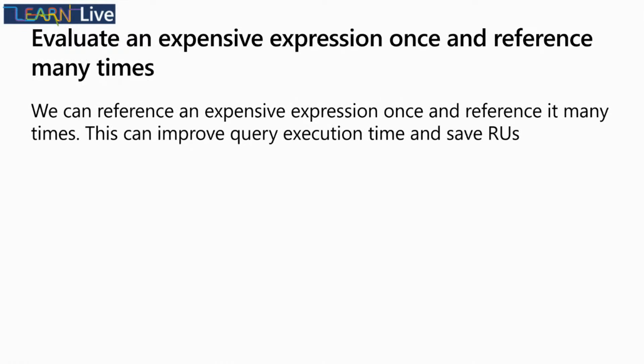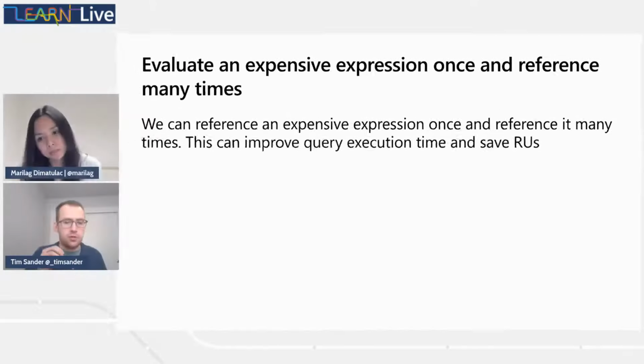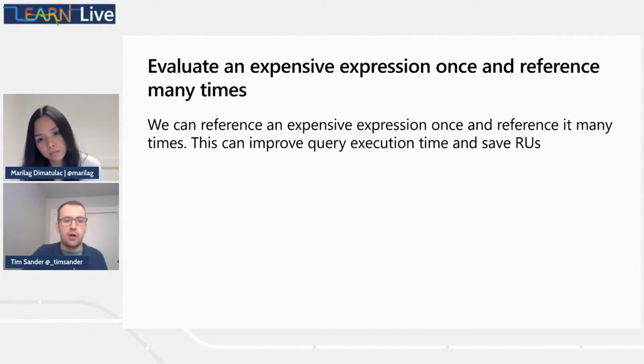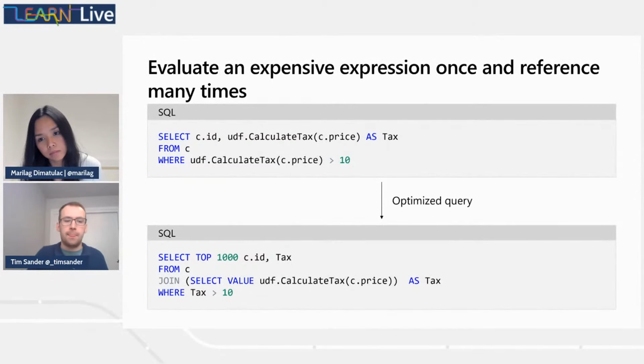If you use a subquery, you can reference the expression once and then use it in your select clause and where clause without having to evaluate it again and again and again. Now, this comes up, I would say, most often with user-defined functions.